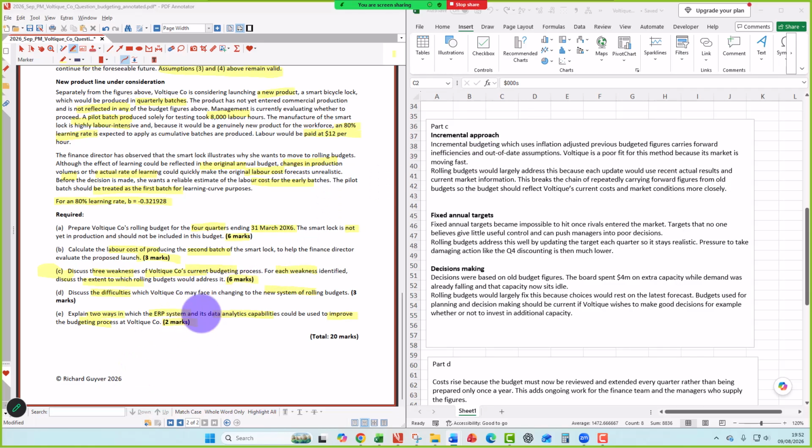Every so often you will get a question, which I didn't have here, but in other Section C questions, where it really is just technical knowledge. There's no expectation then to link it back to the narrative, and often it is the last part of a Section C question, 2 or 3 or 4 marks, can sometimes just be a standalone technical knowledge question, in which case don't feel that need to link it back.